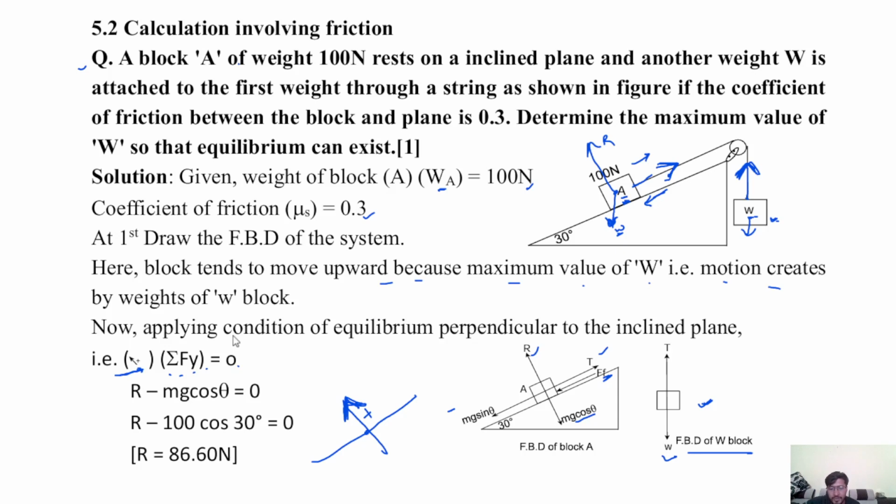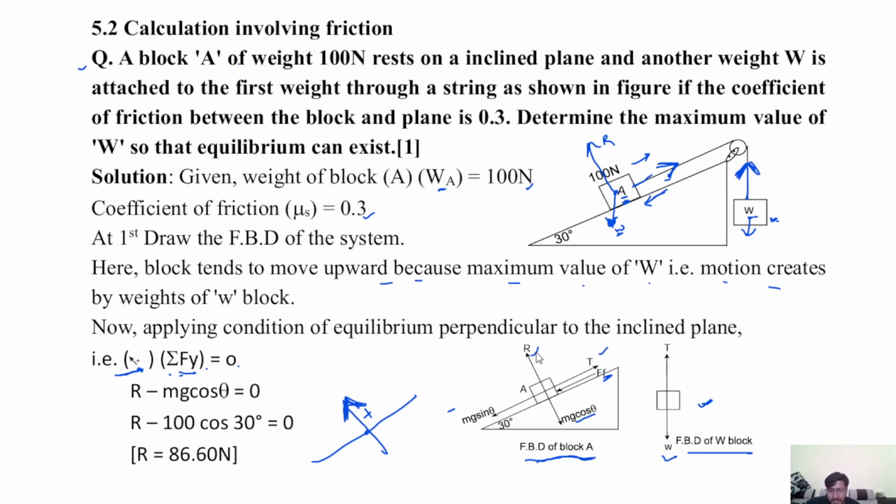It is a condition of static equilibrium, but it tends to move when W is increasing. So in the free body diagram of block A, we apply the equilibrium equation.